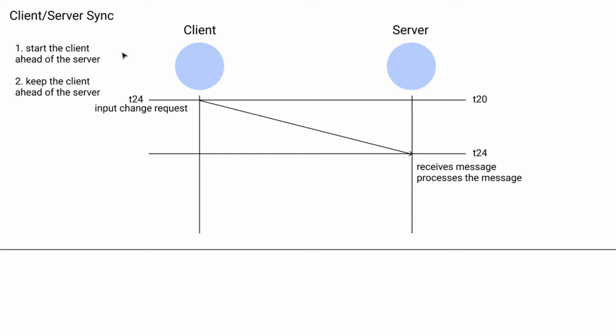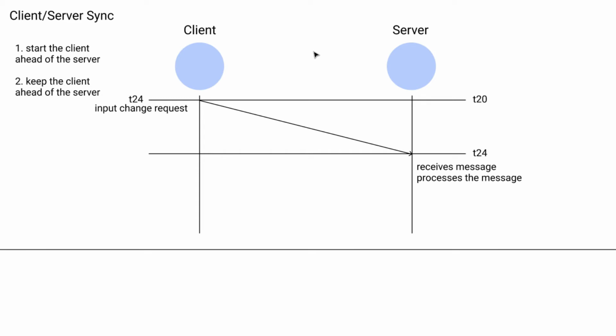So when you're doing your connection process, you need to put the client ahead of the server before it starts processing its own simulation tick at all. And the second part is, while things are ongoing, you have to constantly keep the client ahead of the server. So you have to maintain this relationship. And we'll do that through something called an adjustment system. That's going to be the complicated part of this video, going through how those adjustments work.